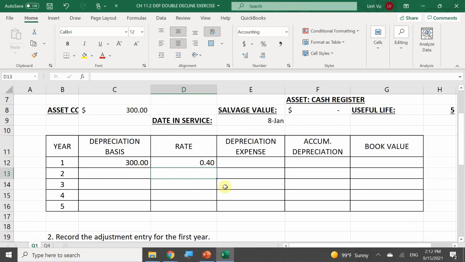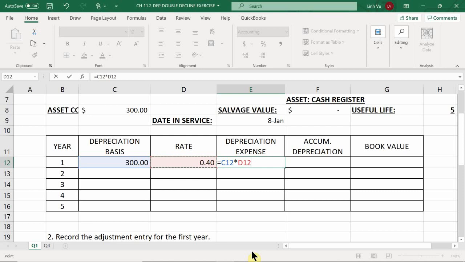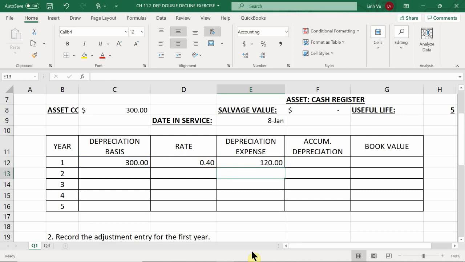Okay. So how do I solve for my depreciation expense? $120. 120. Okay. Our assumption here is that because it's our very first year, that is what my accumulated depreciation is.